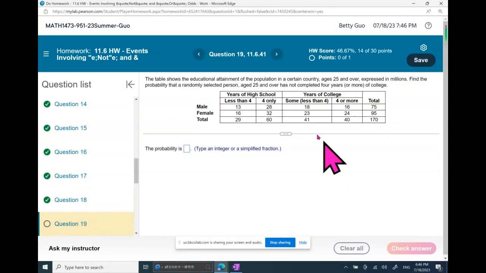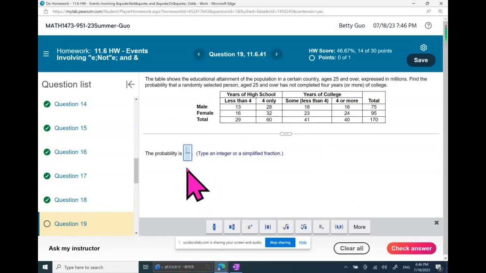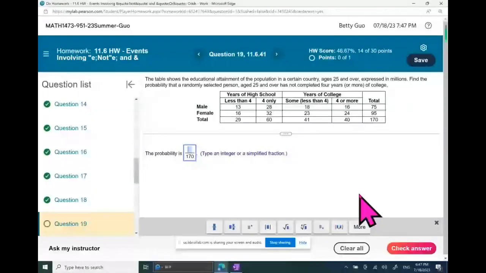So my understanding, this is a word problem. The total is 170 million, so we just do not talk about million. And numerator, the first event: the person has not completed 4 years of college, or more of college.